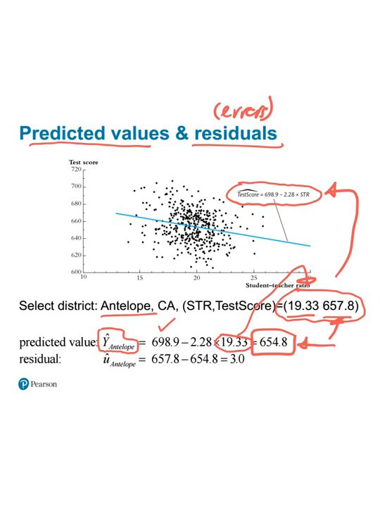Okay, it's an error. So let's quantify that error. So the estimated residual then is the true value, or y_i, minus the estimated value, y_i hat. And this happens to be 3.